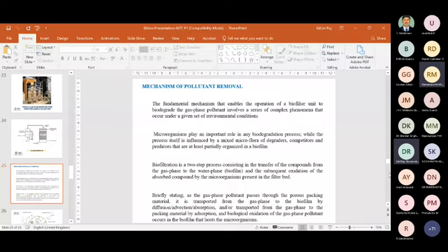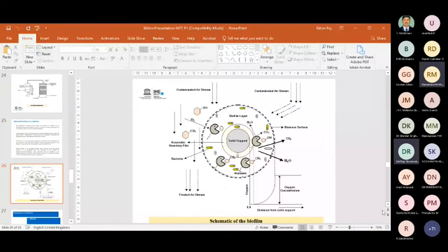So now let me explain to you the mechanism of pollutant removal in a biofilter. When I showed you the photograph of the column type biofilter, the mechanism looks very, very simple. Okay, it looks like some waste gas passes inside, it gets treated, and all the treated emission or the treated gas comes out through the top of the biofilter.